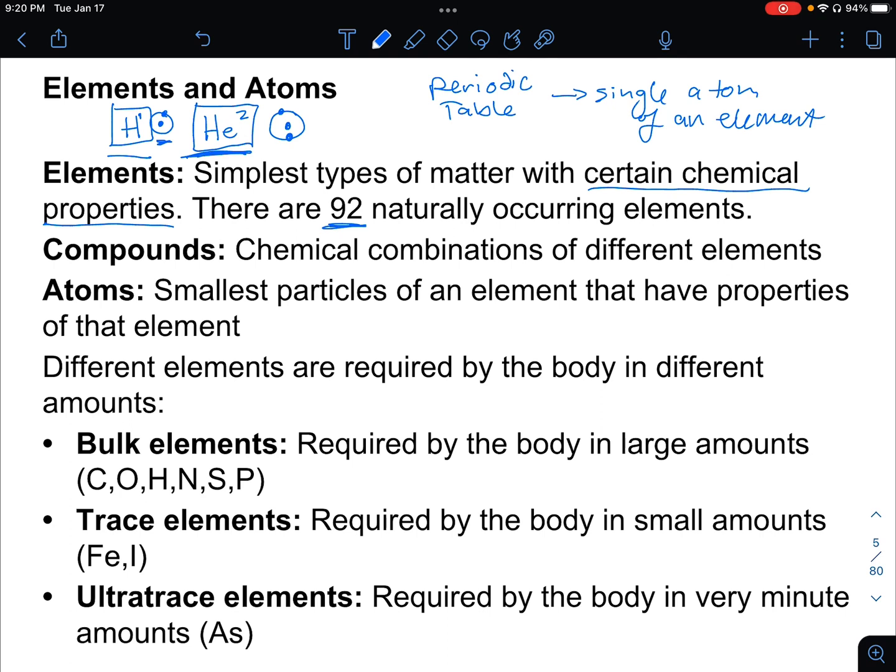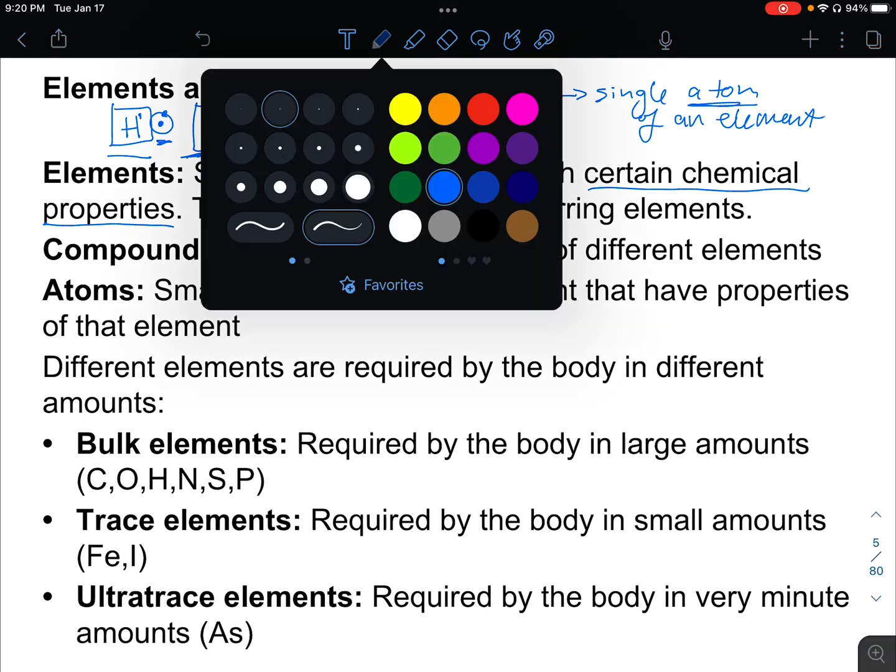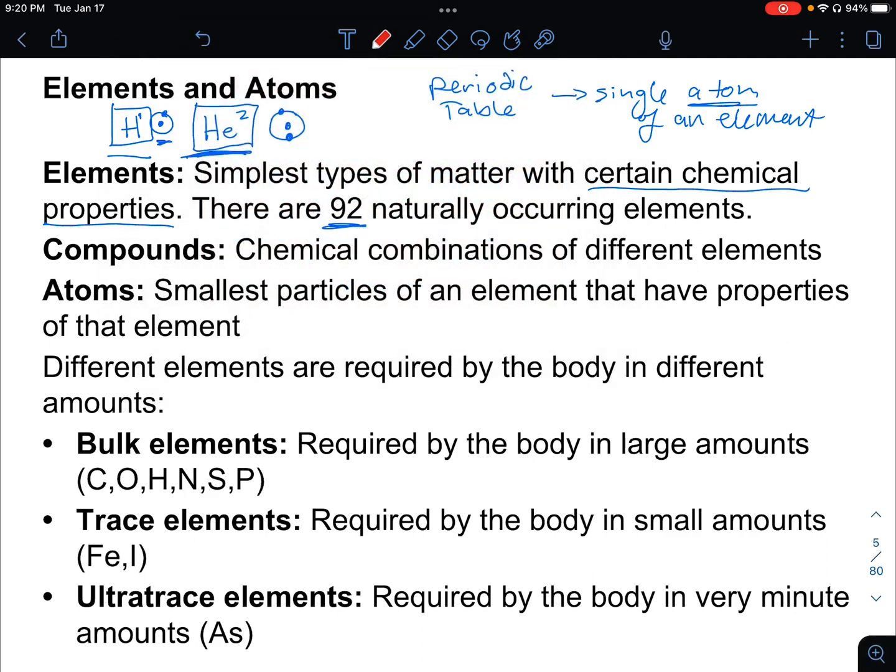So we're talking about those elements. We said elements are going to be a single atom of an element. So we're talking a little bit about our levels of organization again, from smallest to largest. For our elements, we're talking about an atom. Then we move up to compounds. Compounds are chemical combinations of different elements. So this says combinations.